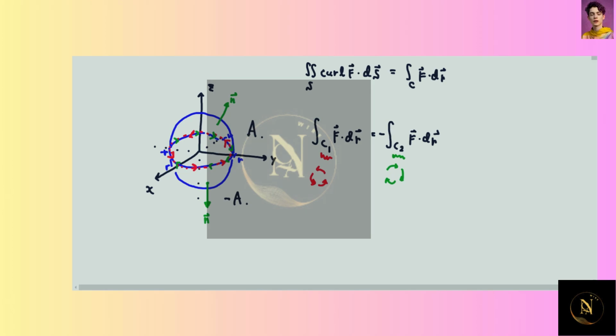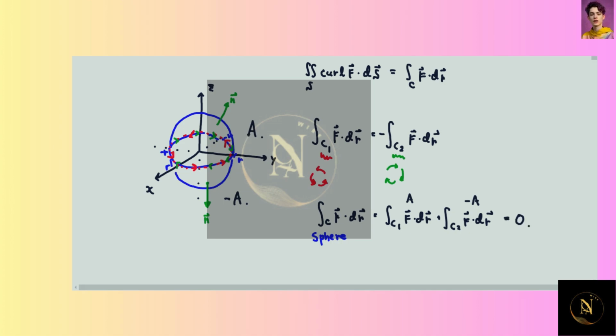Okay, so from there we know that the integral of the entire sphere, F dot dr, can be represented as the integral over C1 of F dot dr plus the integral over C2 of F dot dr, which we claim is going to be the value a and negative a, so it ends up being 0.